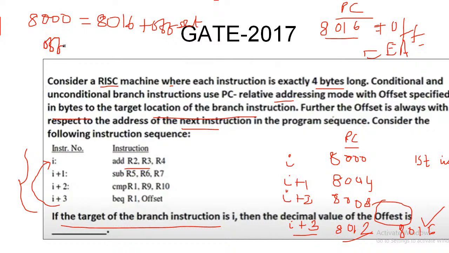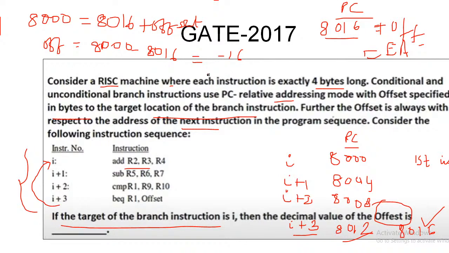The offset value is basically 8000 minus 8016, which gives you minus 16. This is the way you can calculate it.